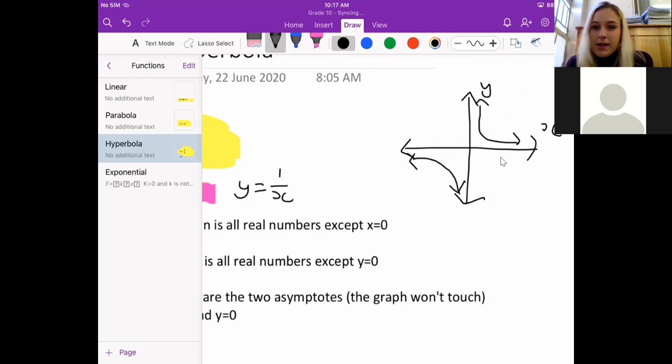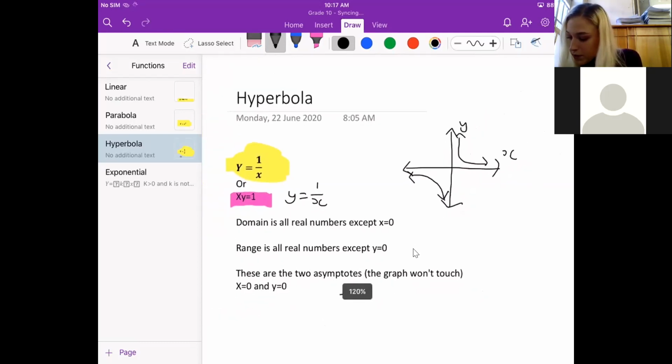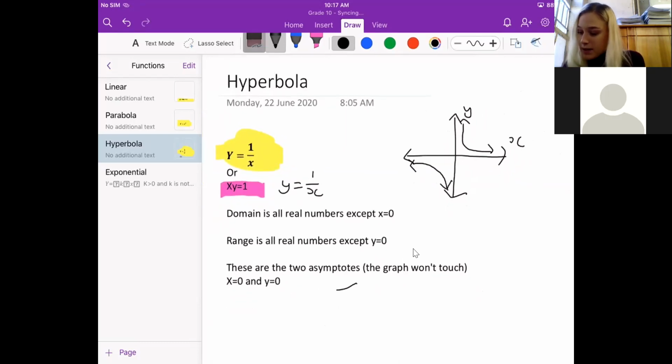This line never touches, our function never touches our y-axis, and it also never touches our x-axis when it's in this form, y equals 1 over x. So the domain is all real numbers except for x equals 0, which makes sense because as we travel along our x-axis, they're all included, except when we get to 0, it's not there. Our lines drop off and go up.